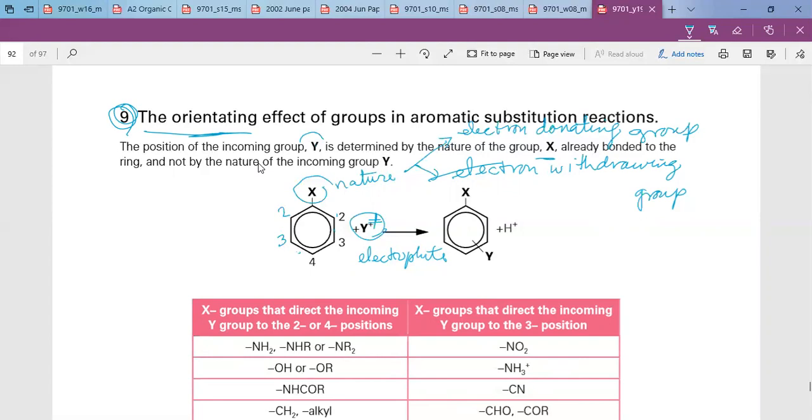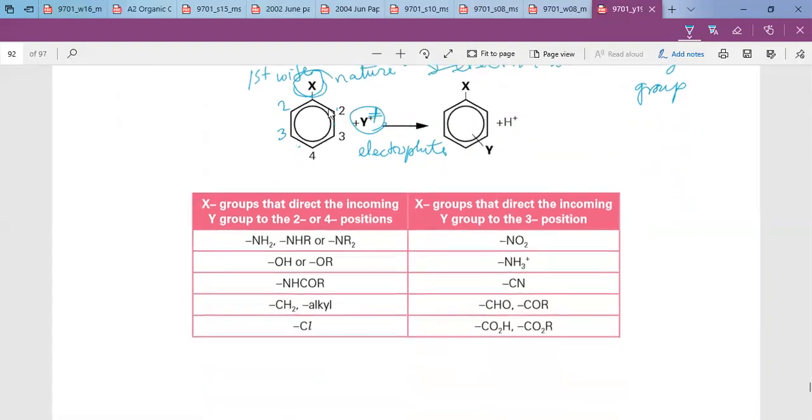Now you can see that if the first wife here is an electron donating group, like all this here, then X here is electron donating. This part here, the X is electron withdrawing group.